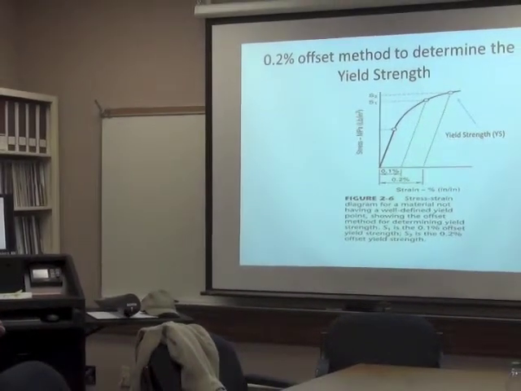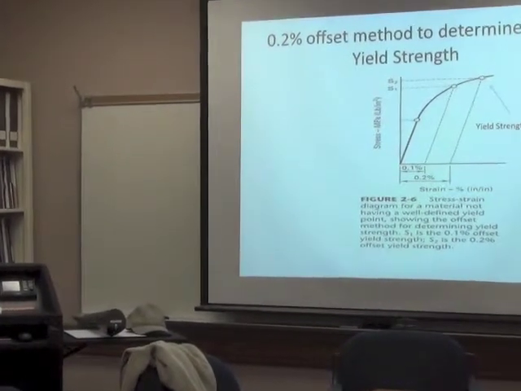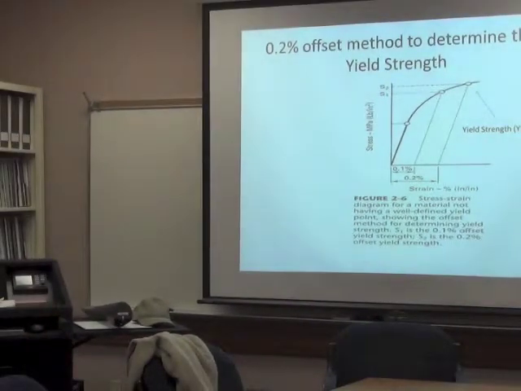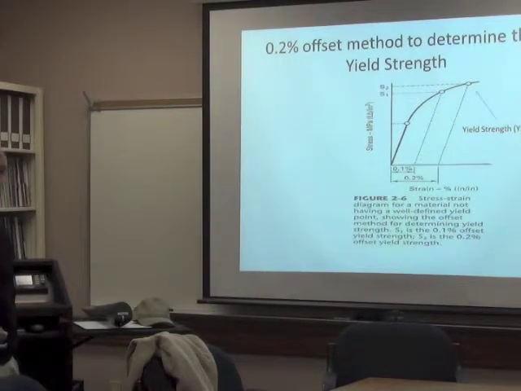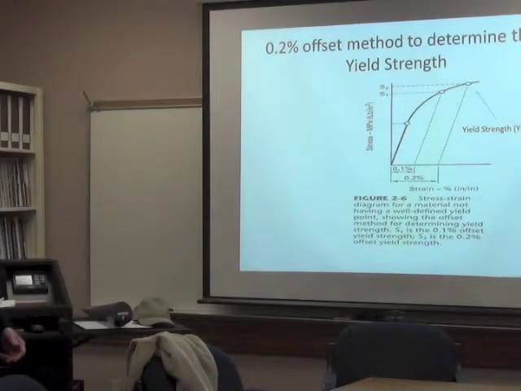Well, we're really interested usually in that yield strength value here. This yield strength value is a tabulated value for materials. Now, why is that such an important value? Well, see, if you design a chair, okay, let's say this chair was made out of metal, right? Then you want that chair to be strong enough so it doesn't deform, right? So you want it to stay in what region?